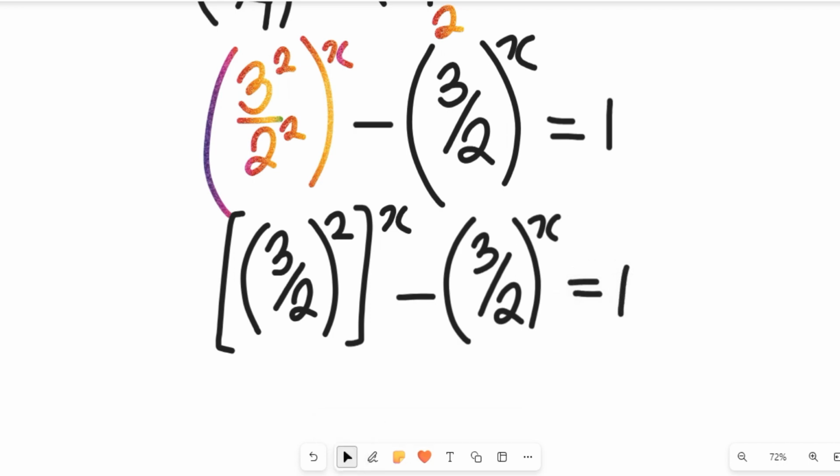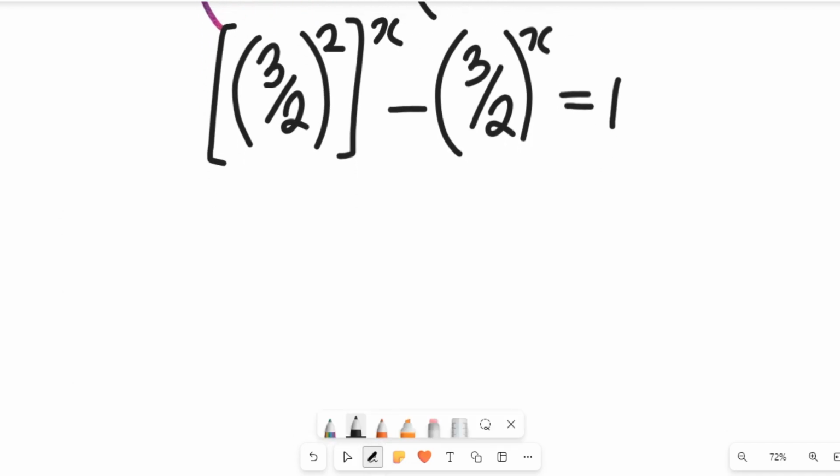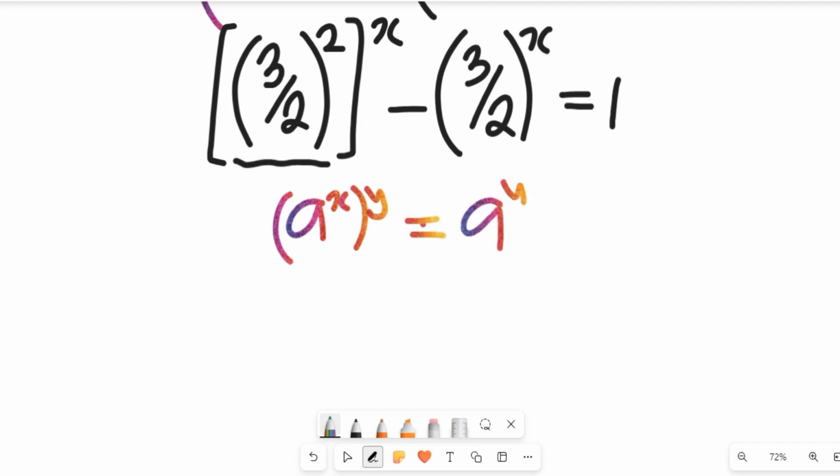So do you notice that we have something here? To simplify this, we are going to apply one law of indices. In that law, if you have a to the power of x, all to the power of y, this can be equal to a to the power of y, all to the power of x.